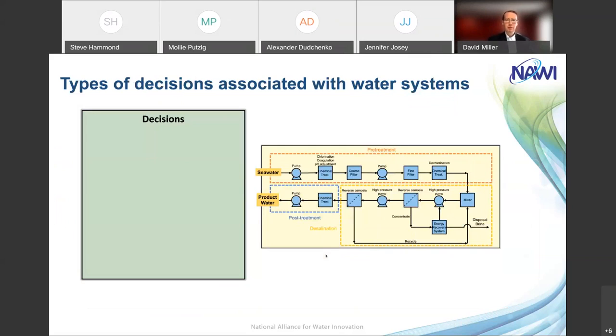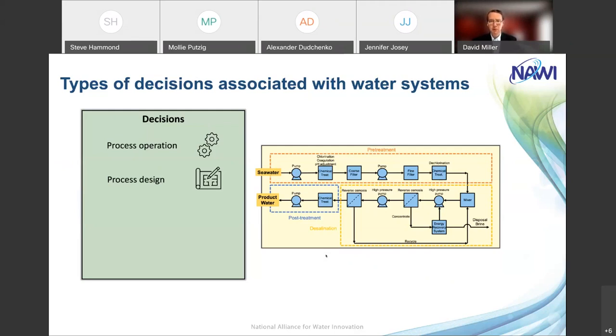And so if we're operating a desalination plant, we might have a lot of decisions that we want to make around process operations. And what can we do to handle variation? What can we do to, and potentially substitute in new technology?